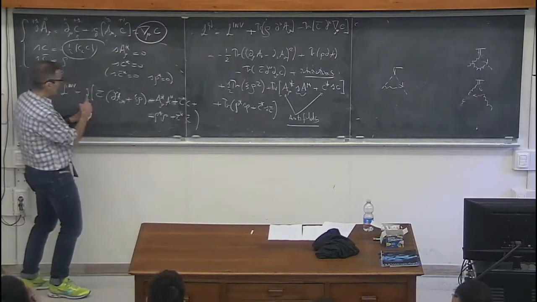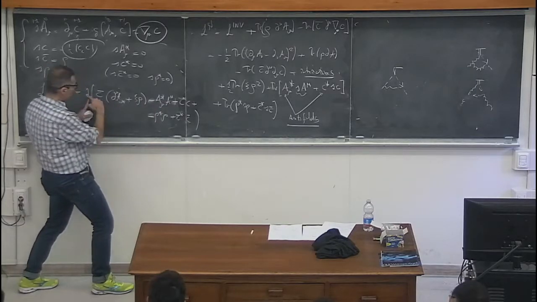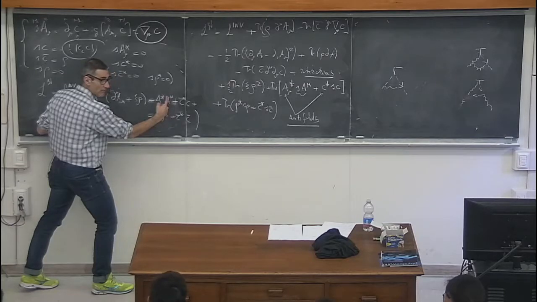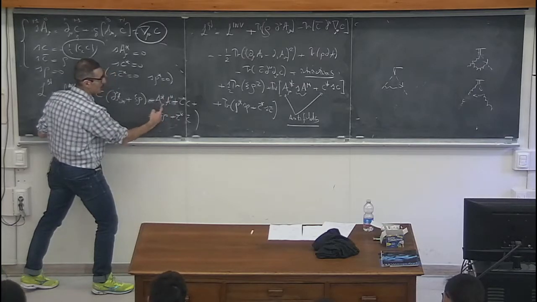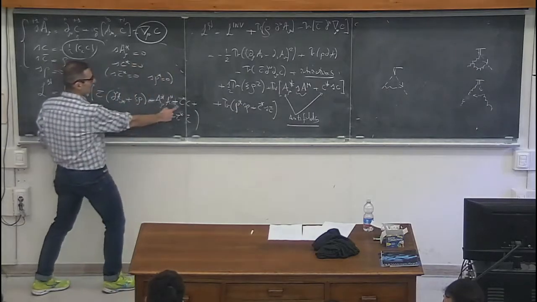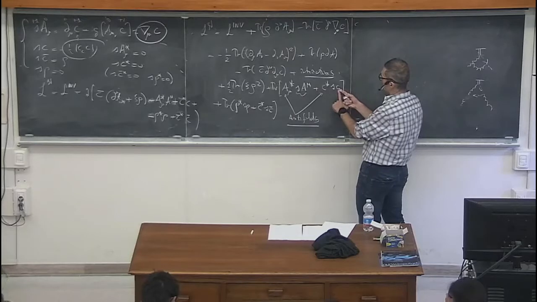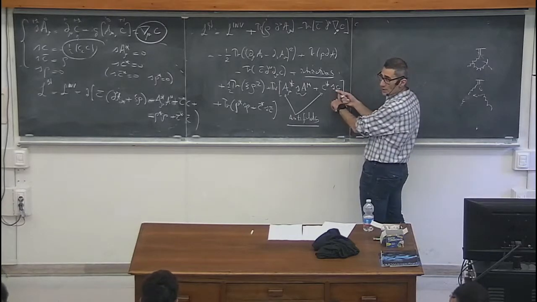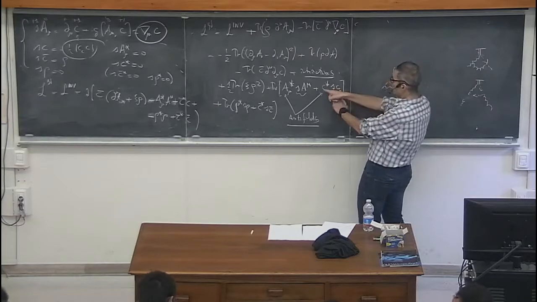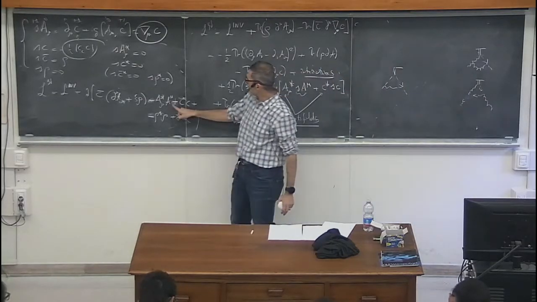When I act with S, S acting on A star gives 0, but then I have to go through this A star, so I get a minus sign, which changes this minus sign, and I get exactly these expressions. The same thing is happening here, but S of C is an anti-commuting field, and S is anti-commuting, so S of C is bosonic, commuting, so therefore C star is commuting, and I get a plus sign here.